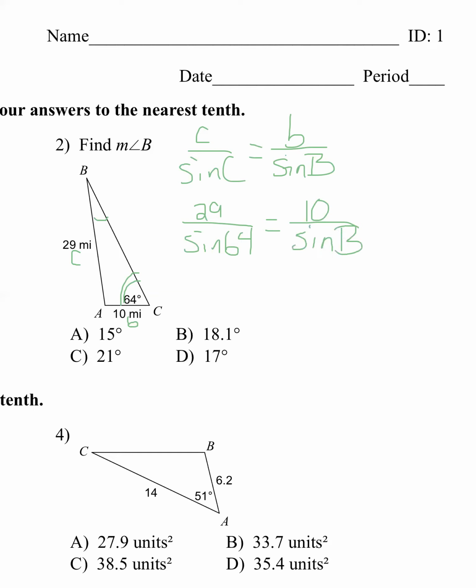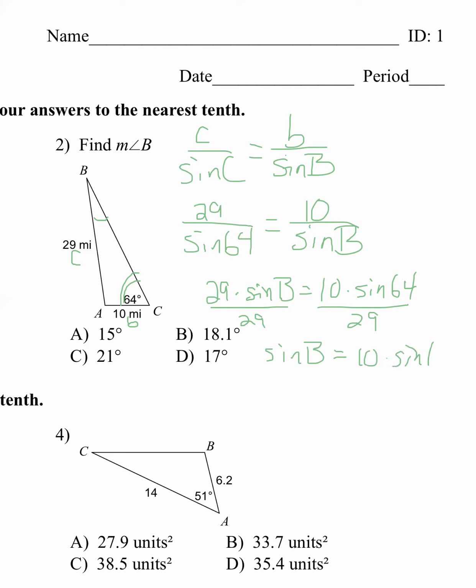I'm going to cross multiply just like I did in the last one. So it would be 29 times the sine of B equals 10 times the sine of 64. Divide both sides by 29. Again, I don't know the angle, so I'm going to have to use second sine of 10 times sine 64 all over 29.